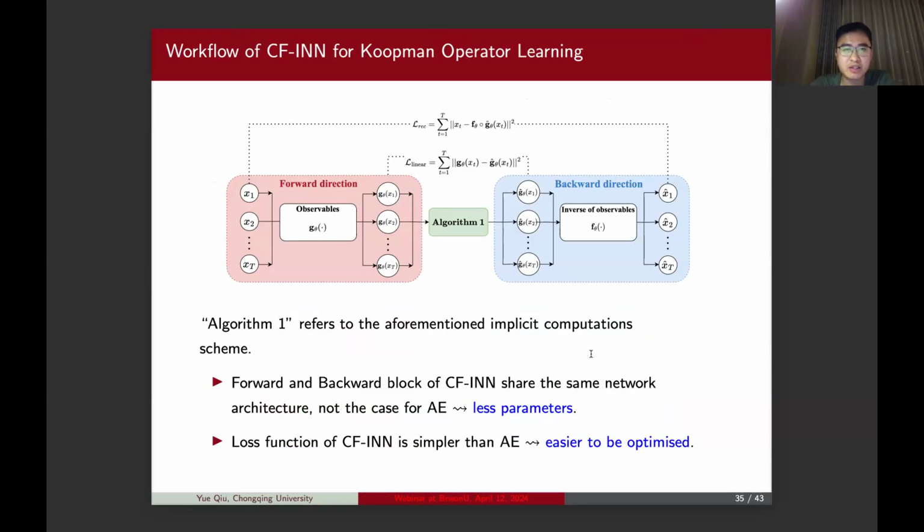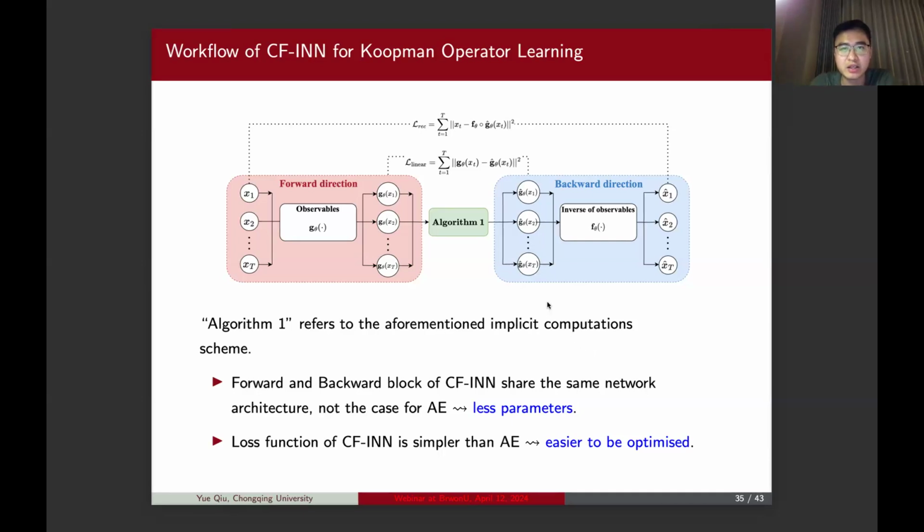Also, the loss function for this setting can be simplified: compared with the three terms for the autoencoder, for our setting we only need two terms, since we only need two paths.